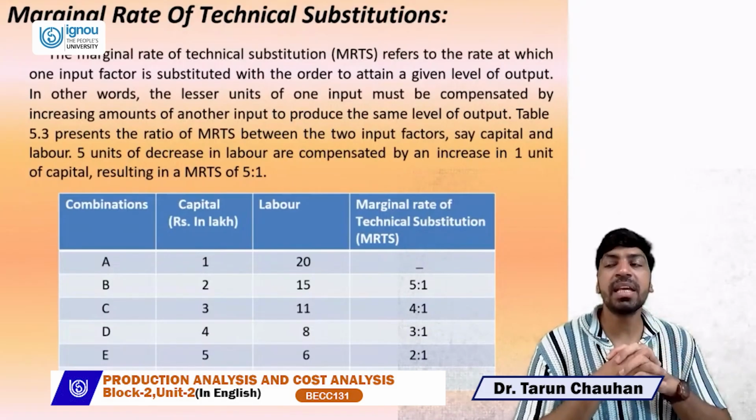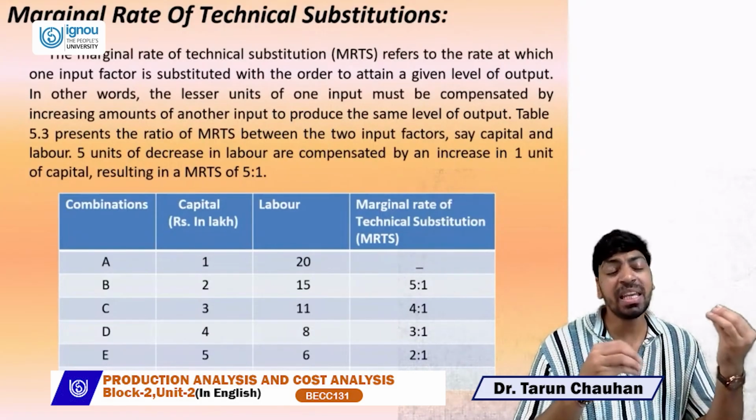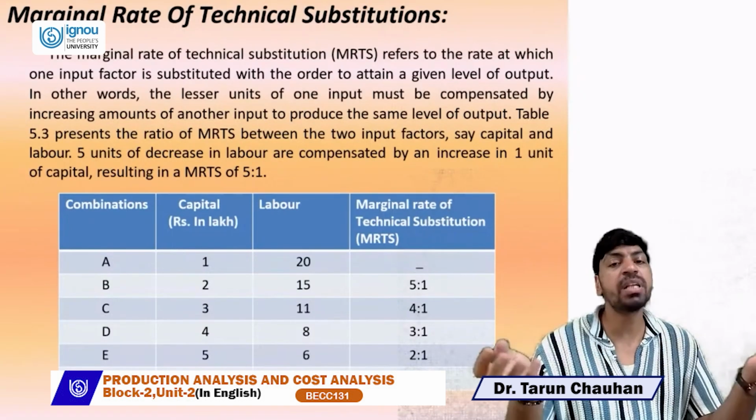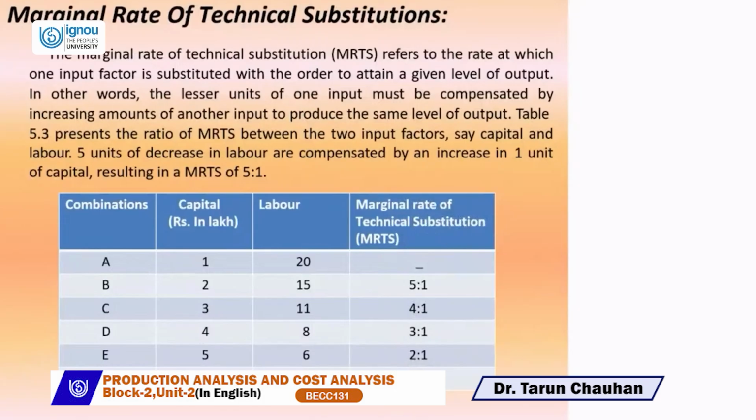In other words, if any units of one input can be compensated by increasing or decreasing the other input to produce the same level of output, that's called the marginal rate of technical substitution, where there are two inputs.